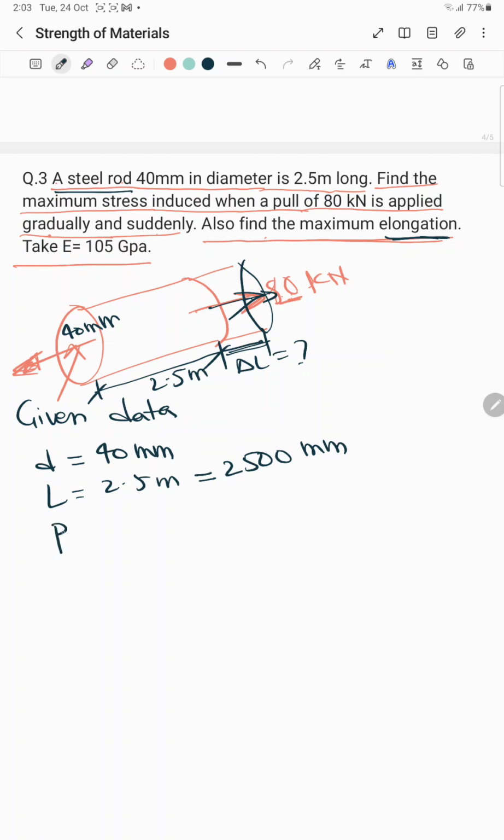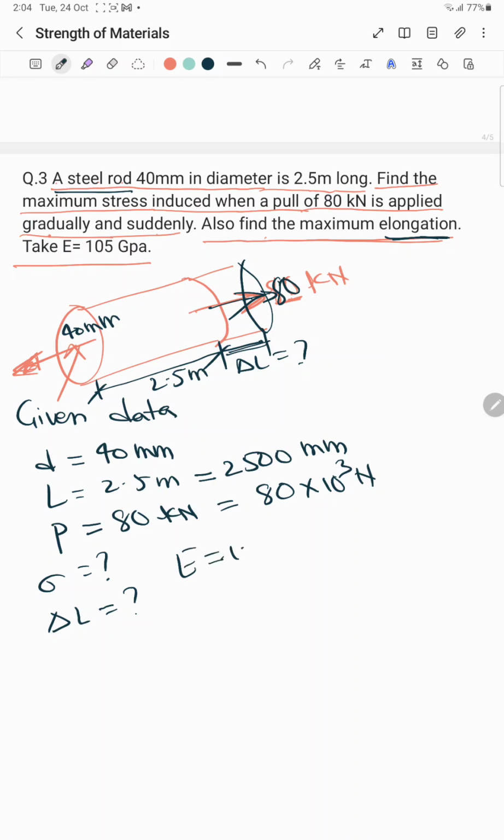The load is P equal to 80 kilonewton, and converting kilonewton to newton, it is 80 into 10 to the power 3 newton. In the question we need to find the stress and the elongation, delta L. E is given as 105 gigapascal, equal to 105 into 10 to the power 3 newton per mm square. So these are the given data.